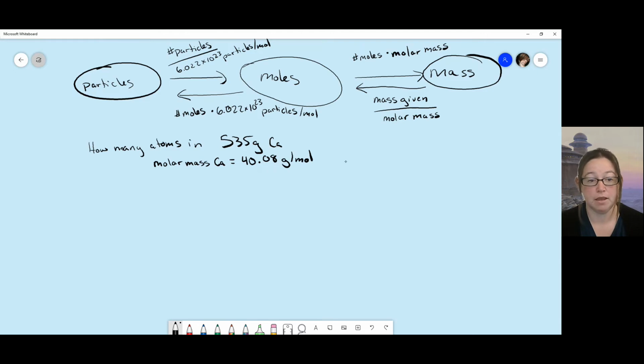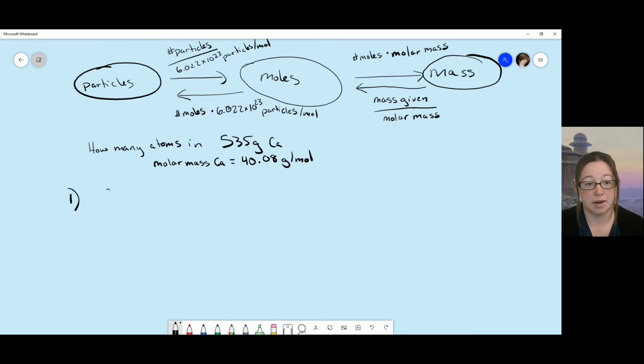So the first thing I'm going to do is combine my conversions to go from mass to atoms. What I mean by that is I'm going to take my mass given over molar mass and my moles times number of particles, and I'm going to turn it into just one little equation.